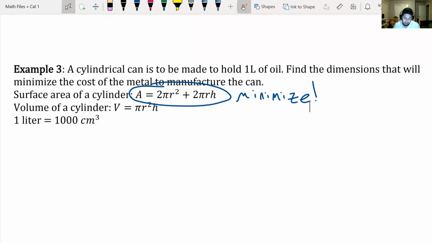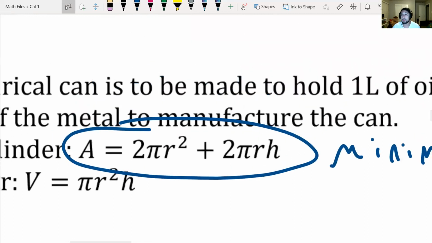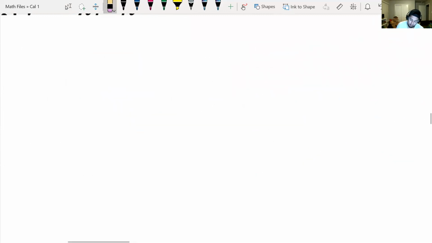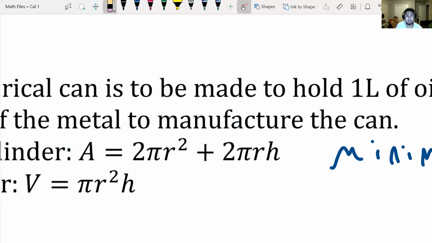But let's take a peek at it real fast. So this is why we make substitutions, right? Let's say I was to minimize the surface area right now. We would run into an issue because of this rh.